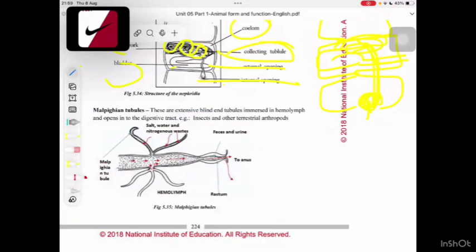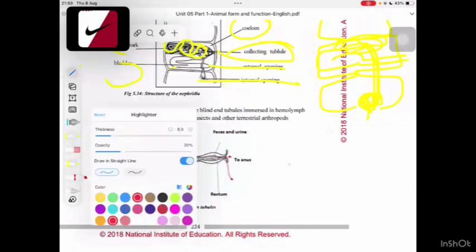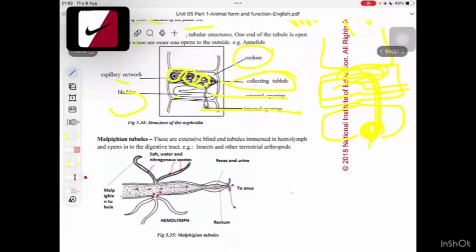Okay. Then we're going to learn about the Malpighian tubules. The first thing is you need to know the definition here also. They are extensive blind end tubules immersed in hemolymph, right? Now, we are the people who have blood, hemoglobin.